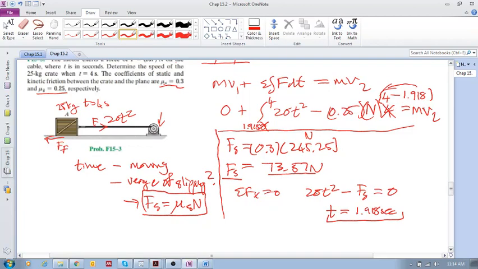And the mass here is 25, so v2 is in the back of the book. I'm not sure what the answer was, let me have a quick look. It was 10.1 meters per second.